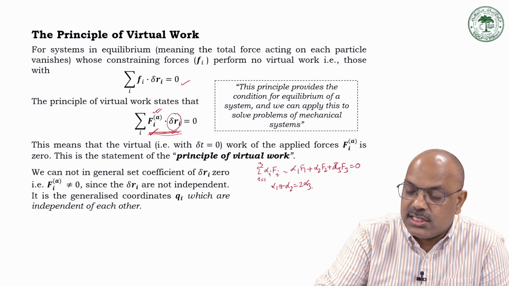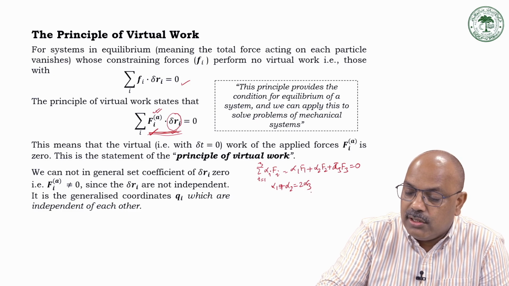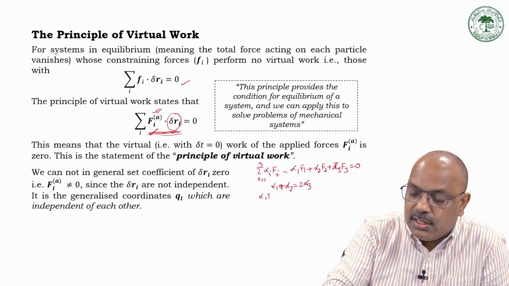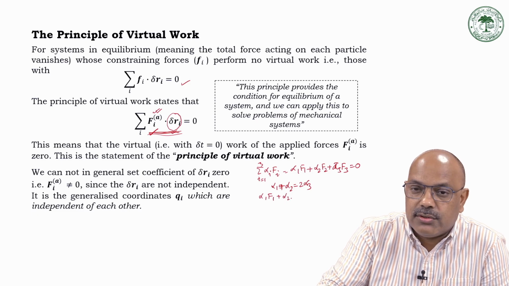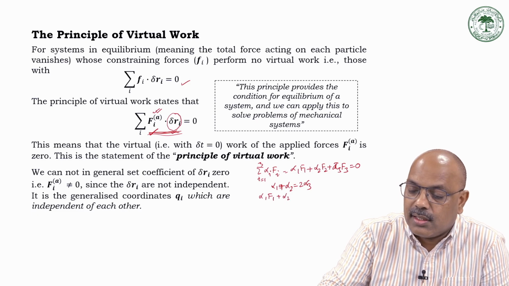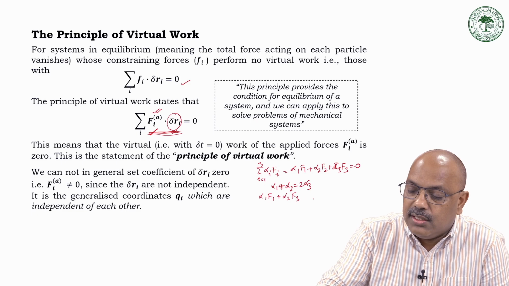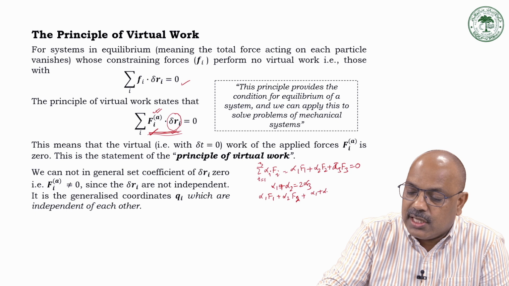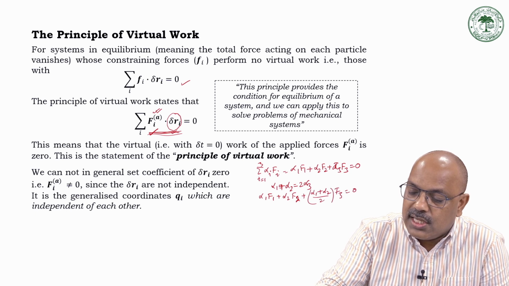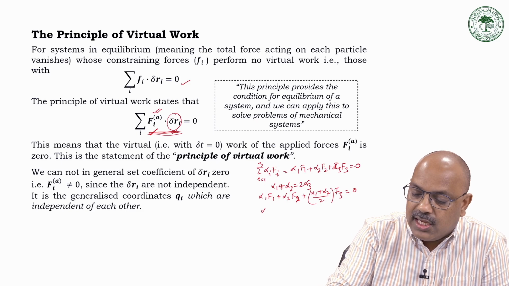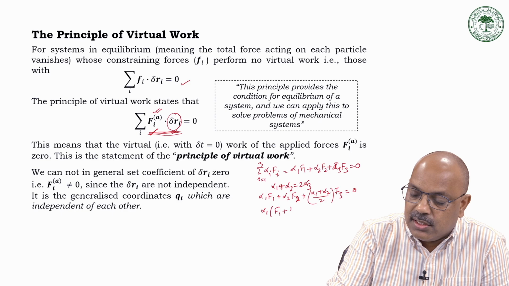So in such a case, what I can get is alpha 1 F1 plus alpha 2 F2 plus alpha 3 F3, where alpha 3 is alpha 1 plus alpha 2 divided by 2, and so on, giving alpha 1 times F1 plus 1 by 2 F3, plus so on.